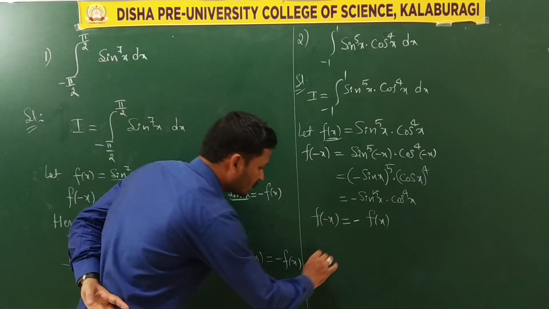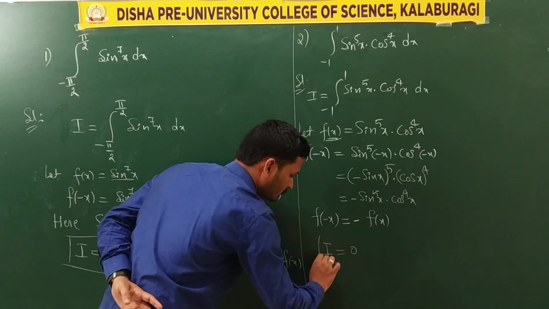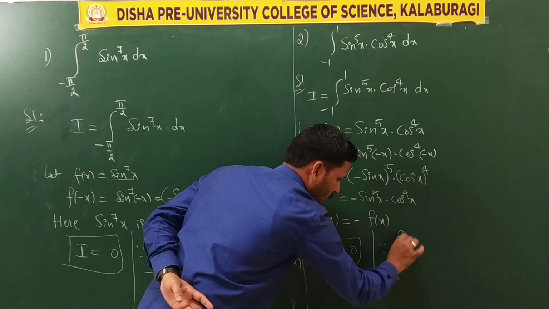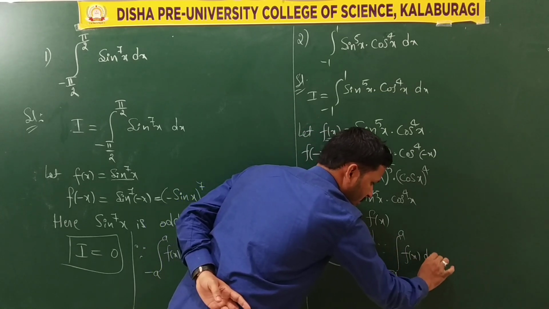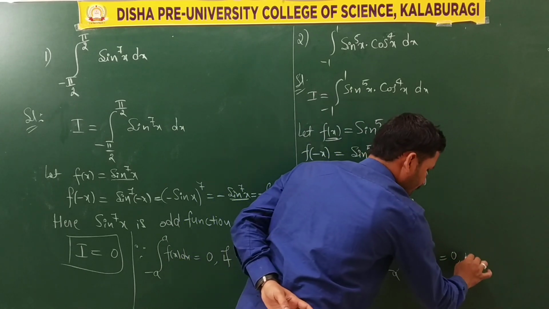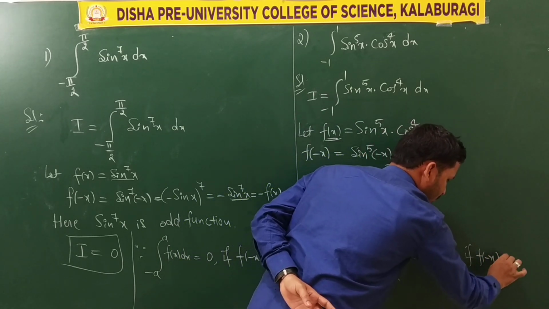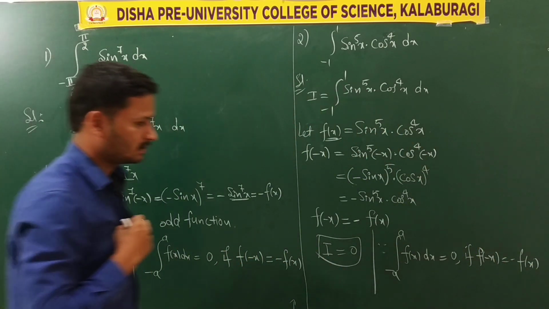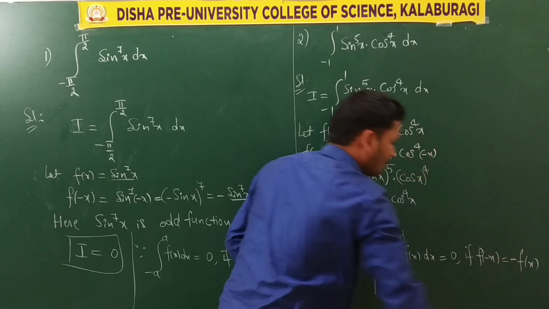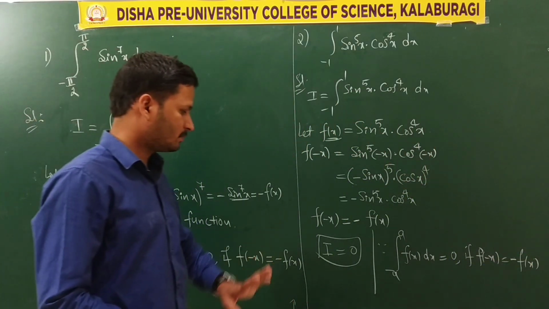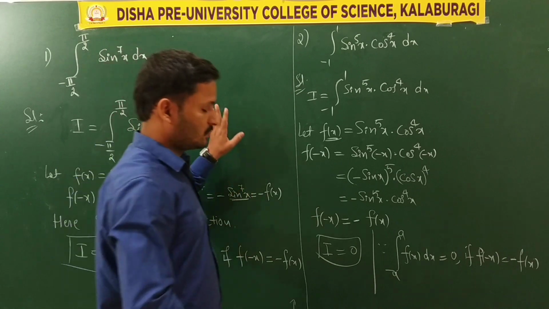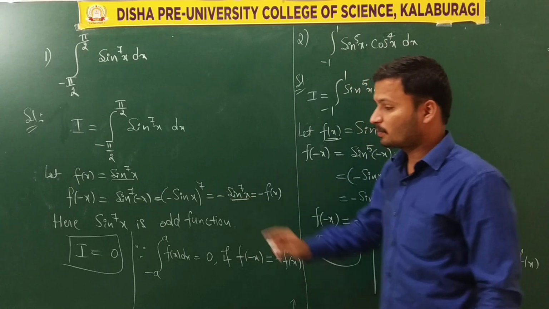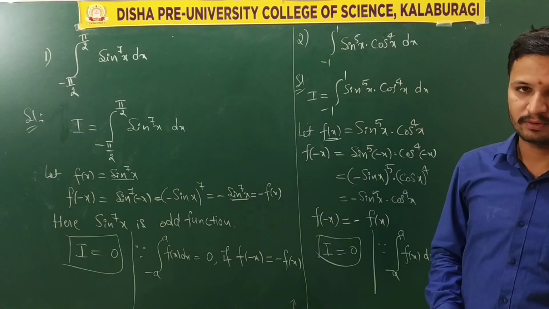So now here the integral value is 0, since integration from minus a to plus a f of x into dx is 0 if f of minus x is equal to minus f of x. In this format, if you have minus a to a f of x into dx, you must use property number 8. Okay, yes.